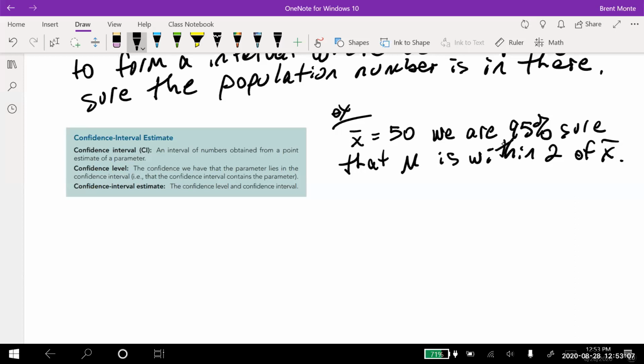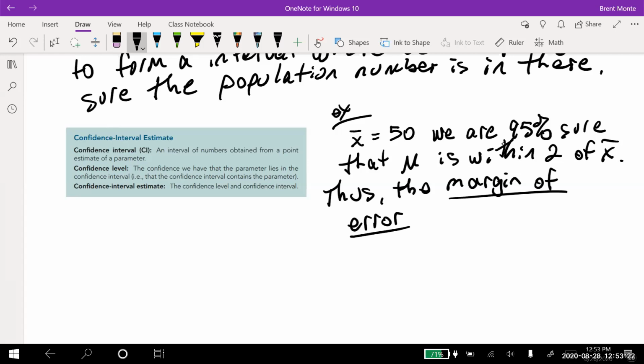Well, that 2, that "within," is called the margin of error. Thus the margin of error E equals 2. It just represents how close we think X bar is to mu in this case.